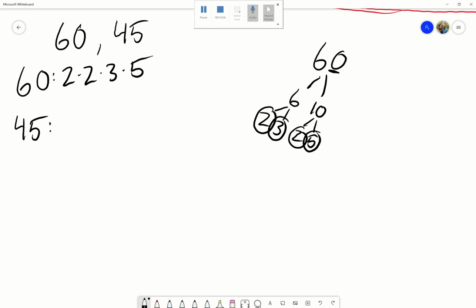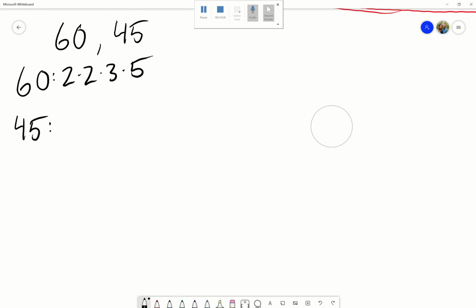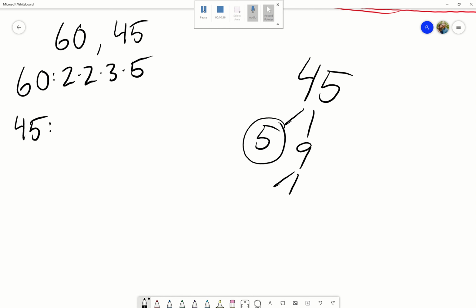All right, now let's deal with 45. 45 breaks down into 5 times 9. 5 is prime, so we leave that. 9 breaks down into 3 times 3. Those are both prime, so we circle them. We have 3 times 3 times 5.